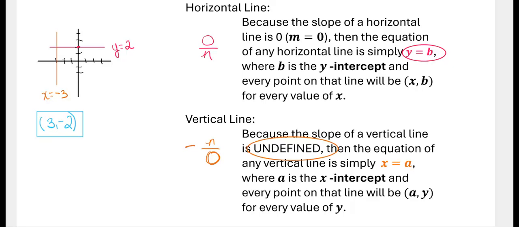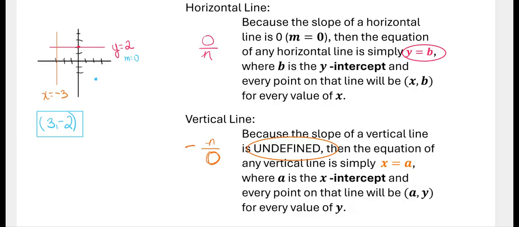First of all, my point 3, -2 is down here. So I need it to go through this point and be parallel to the pink line. Now, I see that my pink line, in this case, the slope is 0, right? And I know it's a horizontal line. So yes, my slope is 0, but I also know it's horizontal, so it's y equals 2.